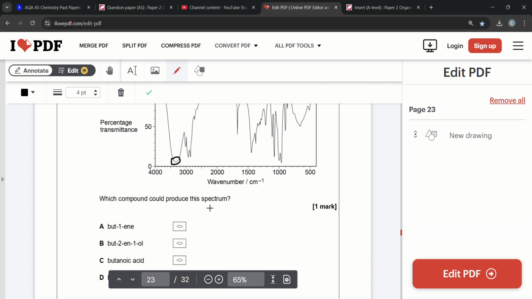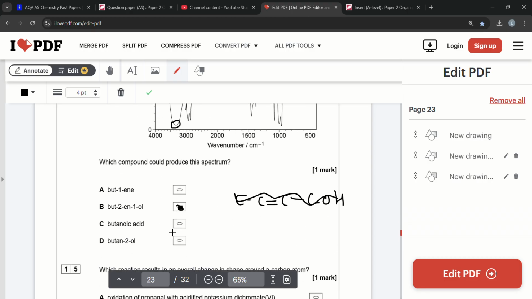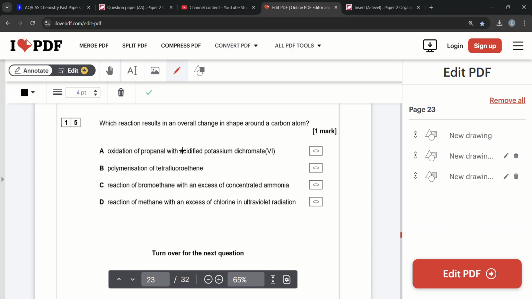Butanoic acid. If we draw out but-2-ene-1-ol, methane, ethane, propane, butane, alkene, the OH group. The answer is B, but-2-ene-1-ol. Question 15, which reaction results in overall change in shape around a carbon atom?